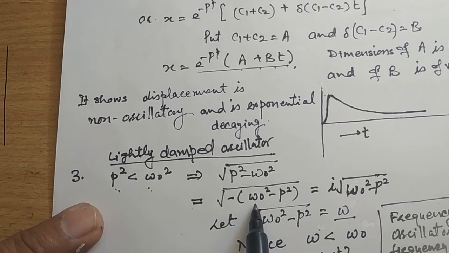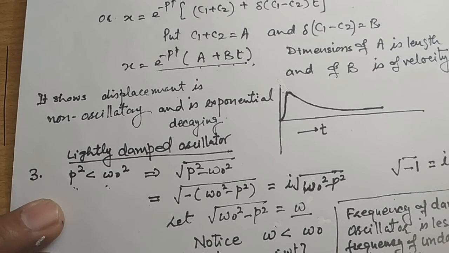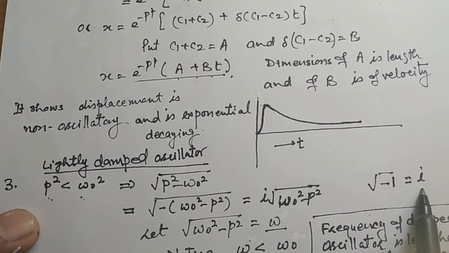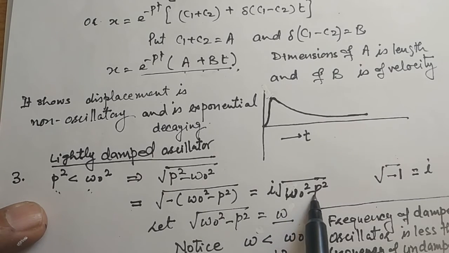So we write the bigger term minus the smaller term and we get a negative sign here. And this negative square root may be written as iota, because you know that the square root of minus 1 is called iota. We take omega naught square minus p square as omega.